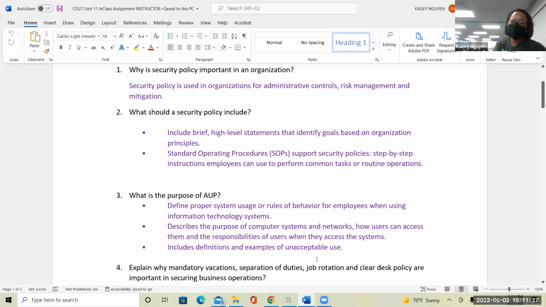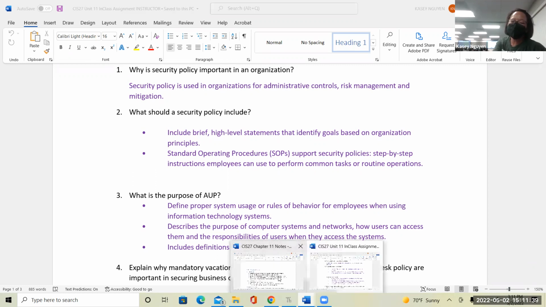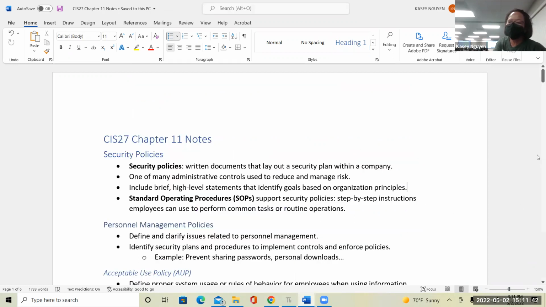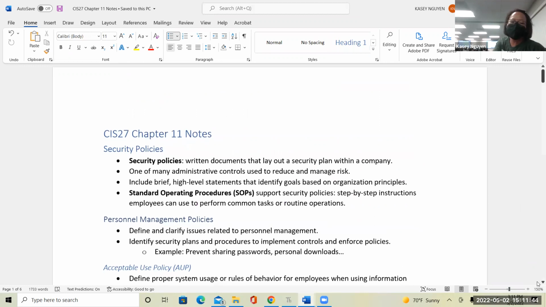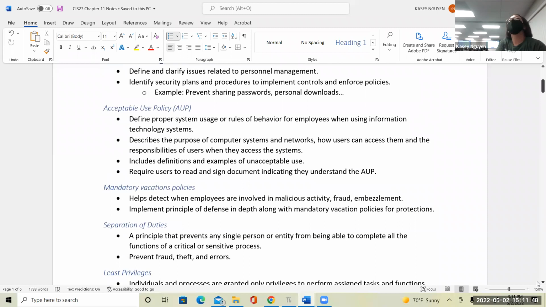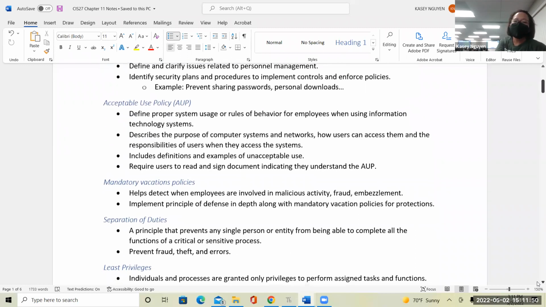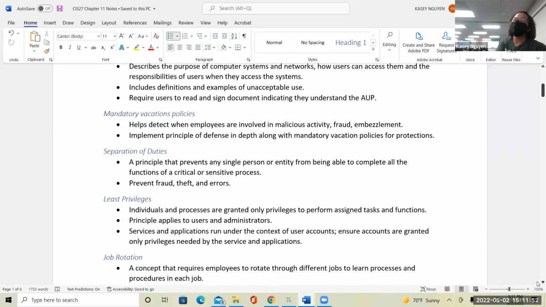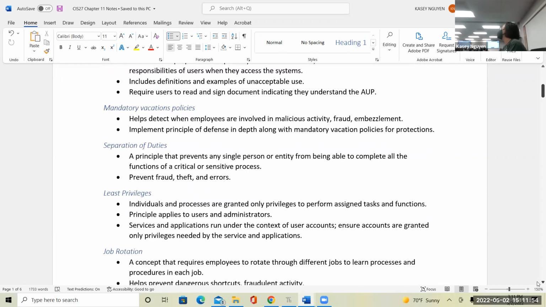Okay, so let's come back to that shortly. In the notes, it gives you information about the AUP, what's required, and then some of the other areas that we have to address to prevent or reduce the risk of fraud. For example, taking vacation.